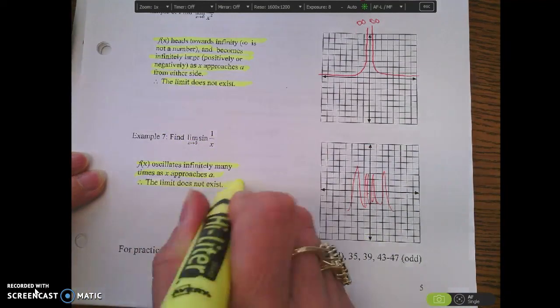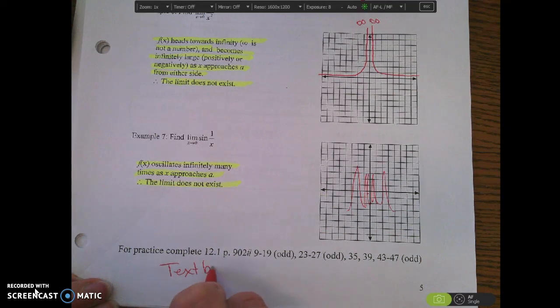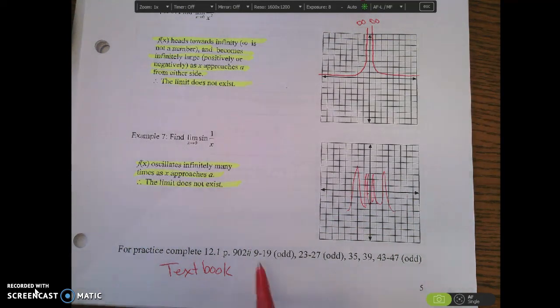So what I want you to do right now is get up out of your seat, go behind the door, and look for your textbook. You did receive a PreCalc textbook at the beginning of the year. There's extras behind the door. So go get one, get a blank sheet of paper, go to page 902, and do these problems.